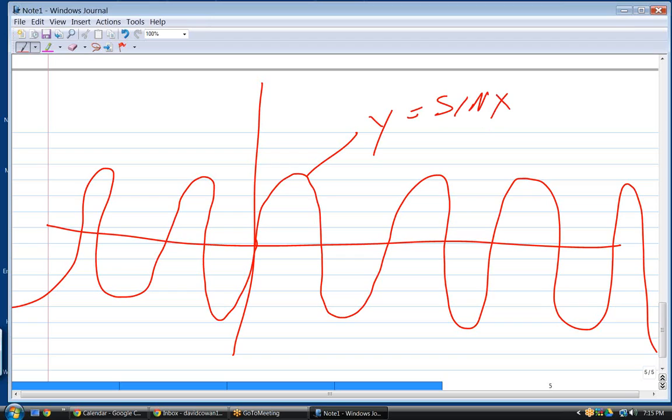Now, one period can be measured peak to peak. That's a period. Valley to valley. That's a period. Similar starting point to the next similar starting point. That's a period. They're all the same.